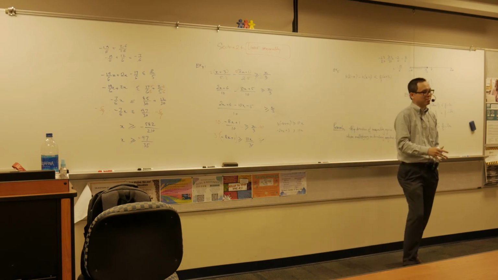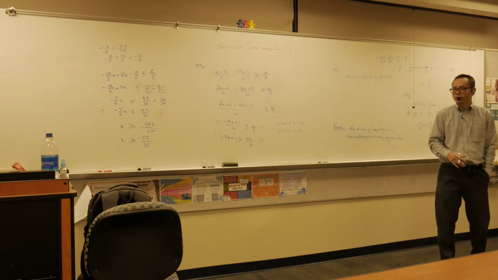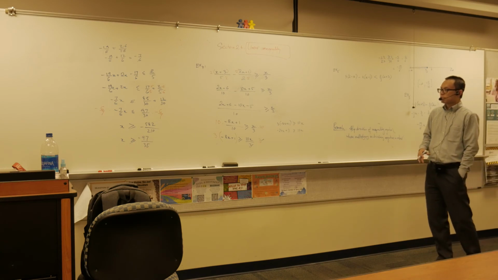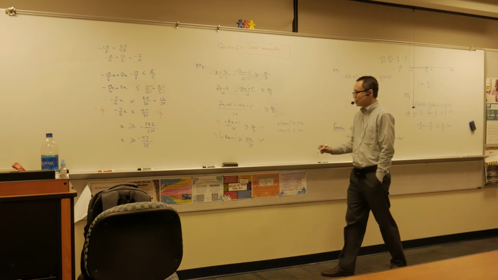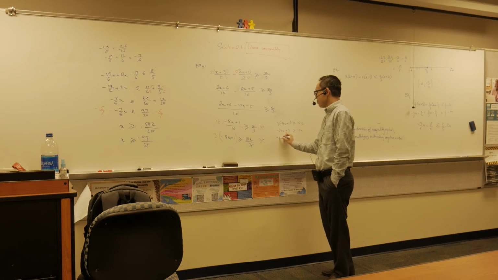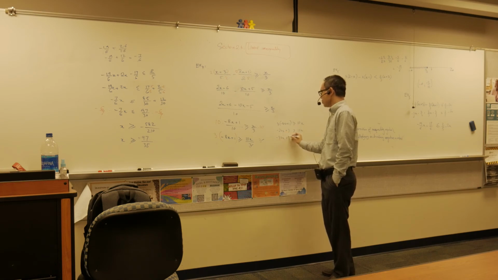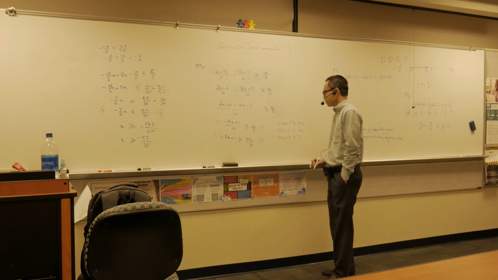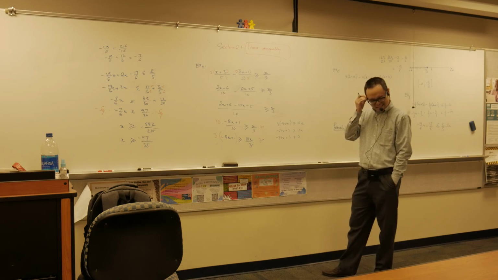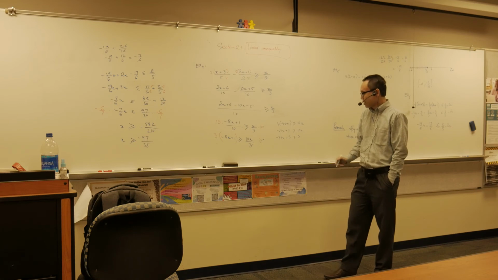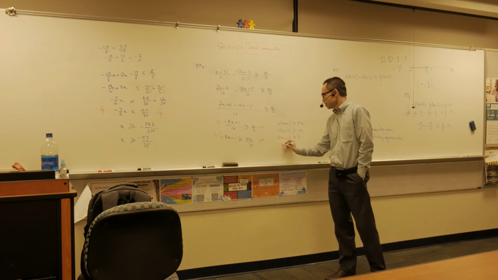Now everything is easier. Alright, so subtract both sides by 10x. So I have negative 34x plus 3 greater than 0. Then subtract both sides by 3. Negative 34x greater than or equal to negative 3.